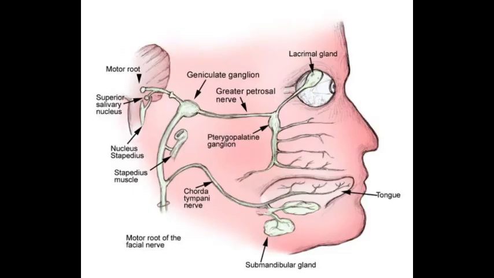Now, the caudal tympanic contains secretomotor fibers to the sublingual and the submandibular gland, as well as visceral afferents for taste. The cell bodies of the gustatory neurons lie in the geniculate ganglion and travel via the nervus intermedius back to the nucleus tractus solitarius.